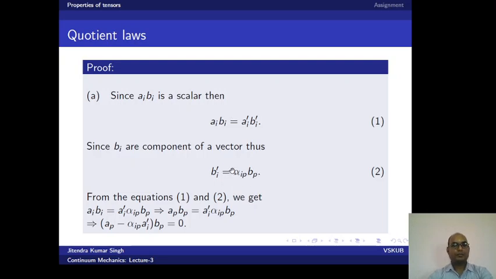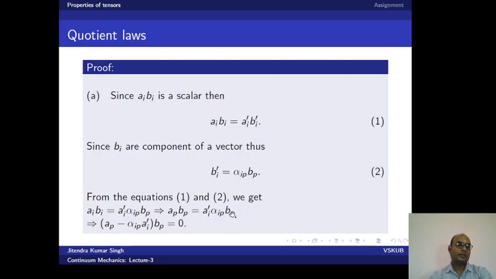Now from equations 1 and 2, a_i b_i is equal to a_i dash, and for b_i dash you put alpha_ip b_p. Since the suffix i appears on both sides as a summation suffix, I replace it by p on the left. So a_p b_p is equal to a_i dash alpha_ip b_p.